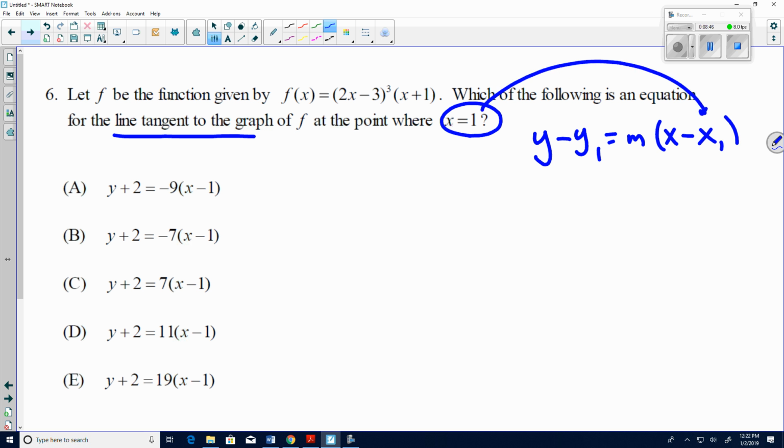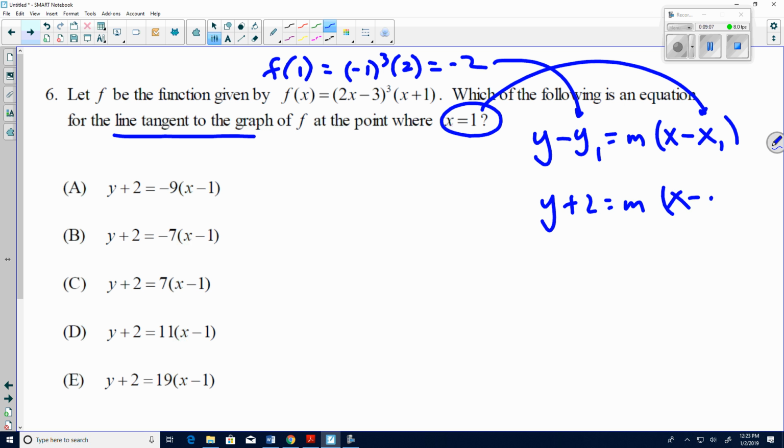We could easily find y. So we'll just put 1 in here, and we get negative 1 cubed times 1 plus 1 is 2. That's negative 2. And that's going to fit in here. So right now we have y plus 2 equals m times x minus 1.